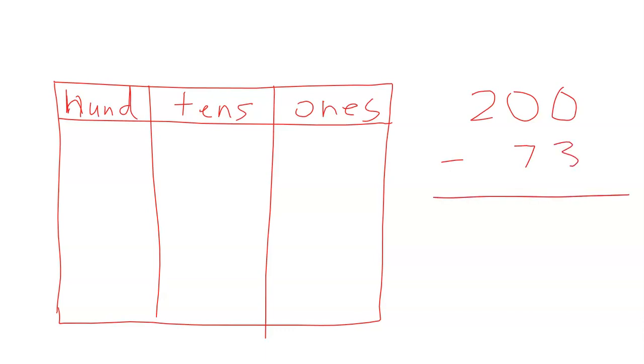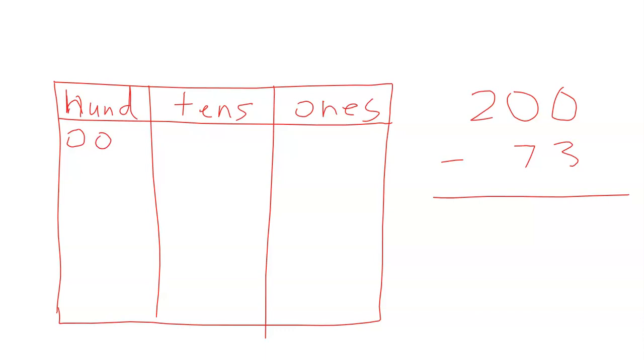Okay. All right, so let's go ahead and do the same thing. We're going to build our 200 first. Okay, so 200 has 0 ones, so I don't have to draw anything in the ones place. 0 tens, nothing in the tens place. And 2 hundreds. So I'm going to go ahead and build 2 hundreds discs. Okay, so there's our 200 represented.